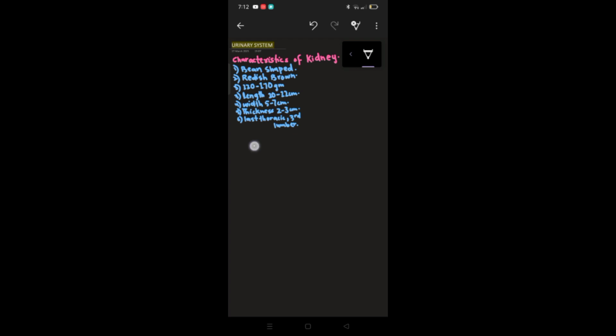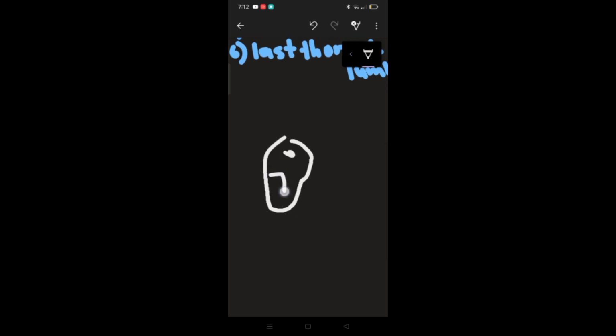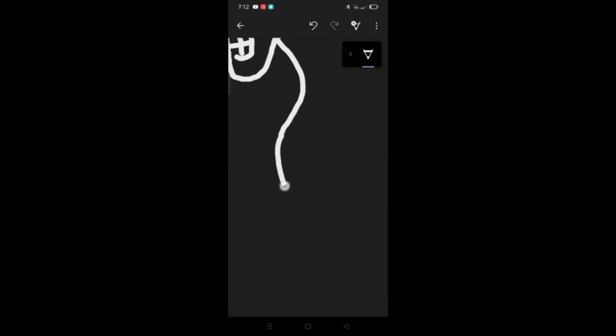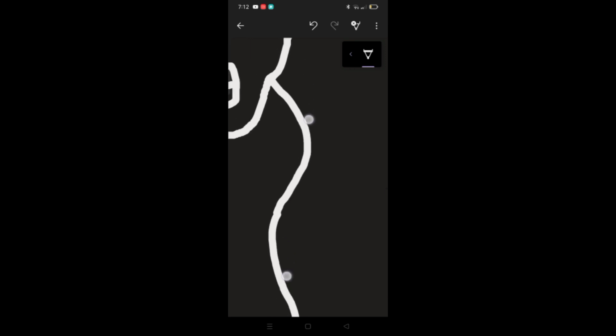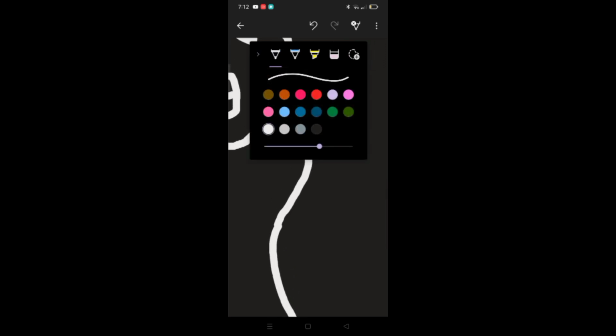Okay, so basically this is our skull which I'm making here, and here we have this vertebral column. Alright, so wait, let me change the color.